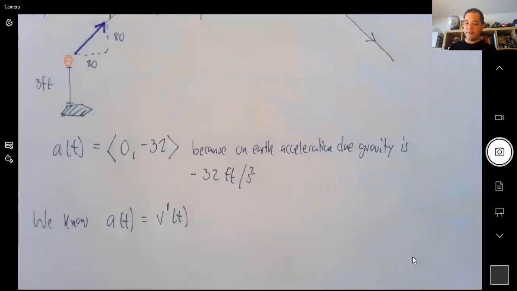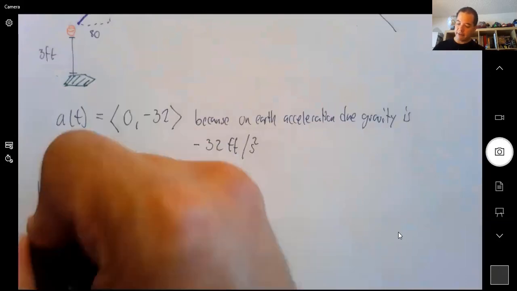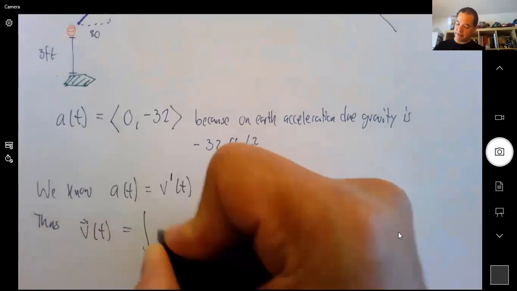So how do we get v from A? Well, what is the opposite of taking the derivative? We take antiderivatives, right? We integrate. So then to get v, we integrate. To get the velocity, we integrate the acceleration.